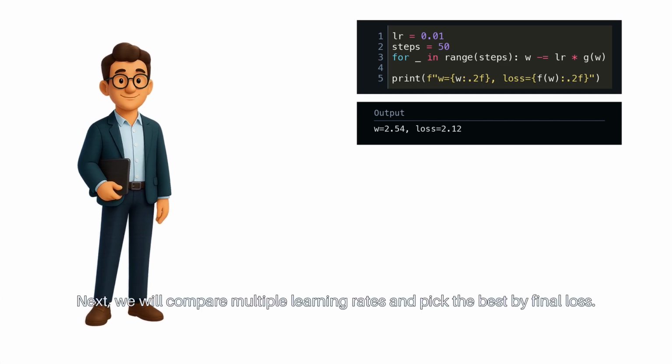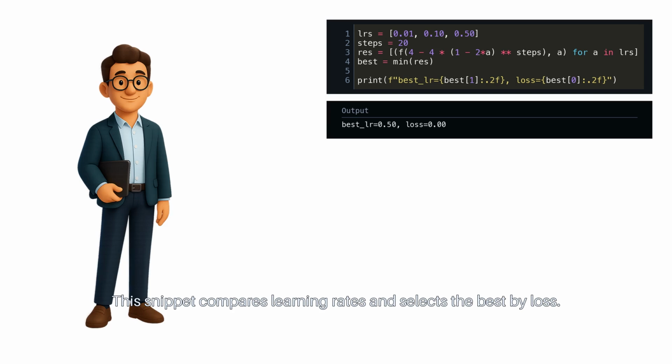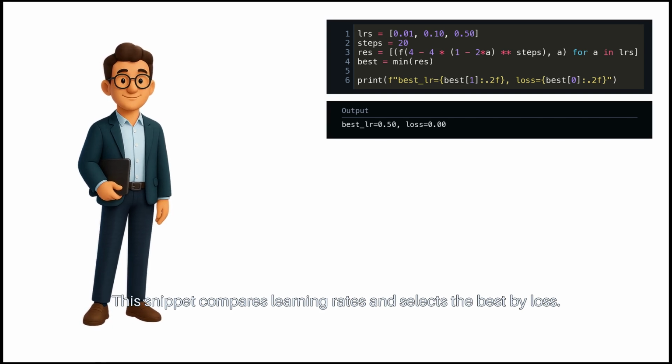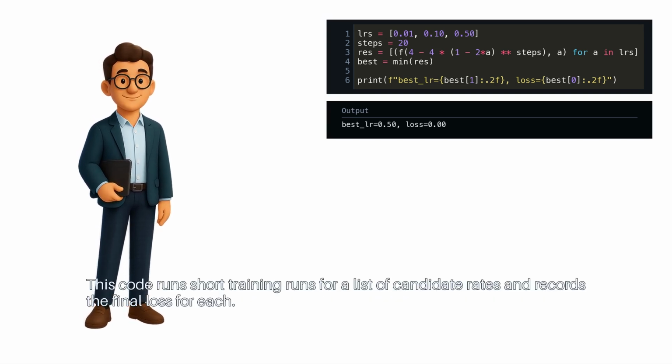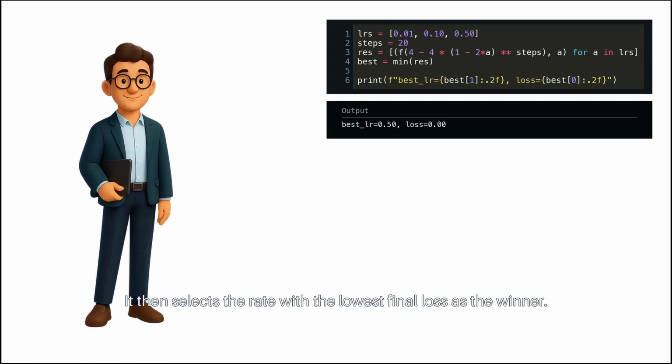Next, we will compare multiple learning rates and pick the best by final loss. This snippet compares learning rates and selects the best by loss. This code runs short training runs for a list of candidate rates and records the final loss for each. It then selects the rate with the lowest final loss as the winner.